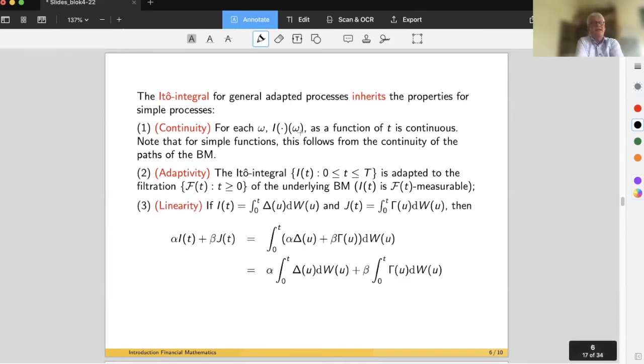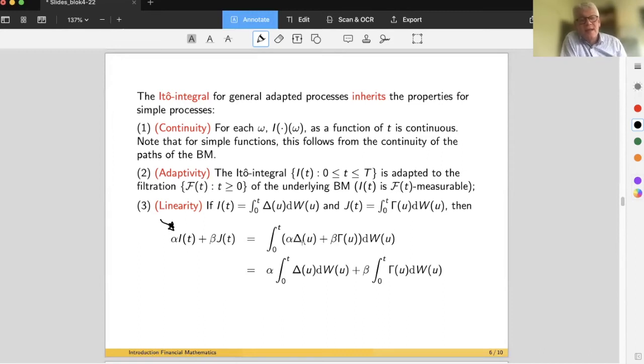Third is linearity. Linearity is also interesting. So if we have I_t defined as the integral from 0 to t of some function Delta_u dW_u, and J_t is defined as the integral from 0 to t of a function Gamma_u dW_u, then a linear combination alpha I_t plus beta J_t, written out as the integral from 0 to t of alpha Delta_u plus beta Gamma_u dW_u.